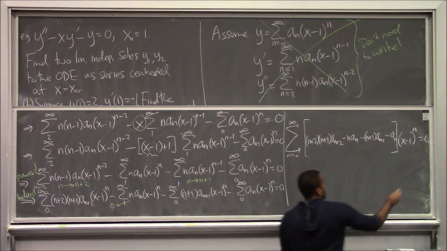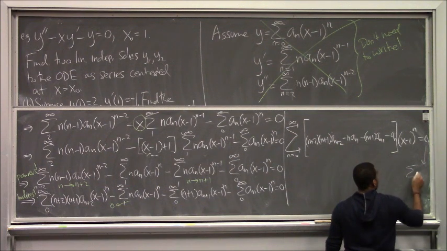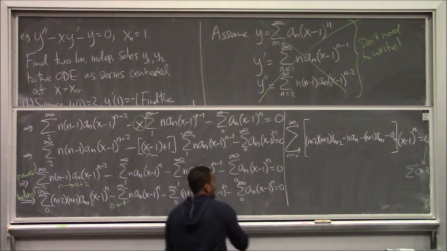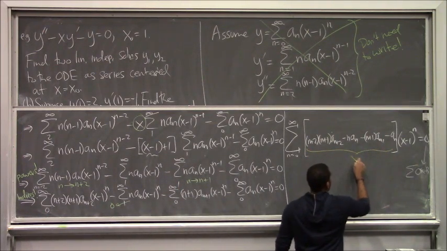Now remember, over here what we have is the series from n equals 0 of x to the n times the coefficient, which means for equality we need this equal to 0.